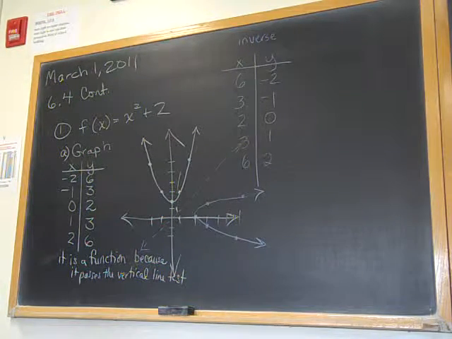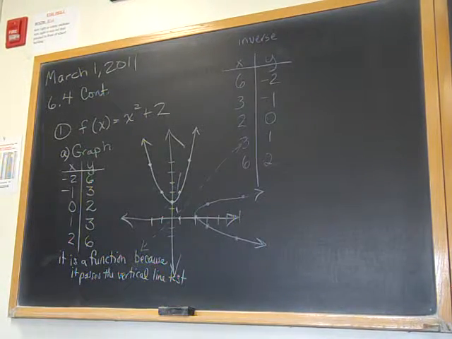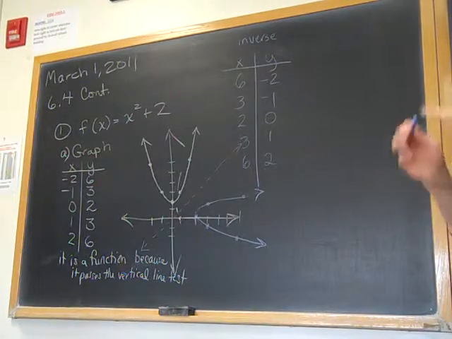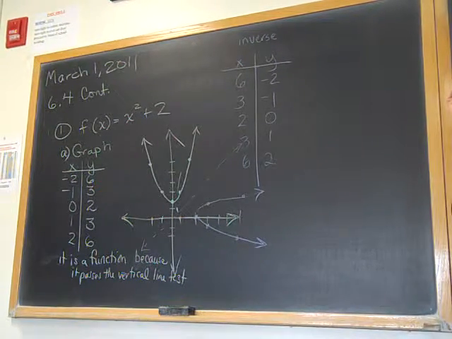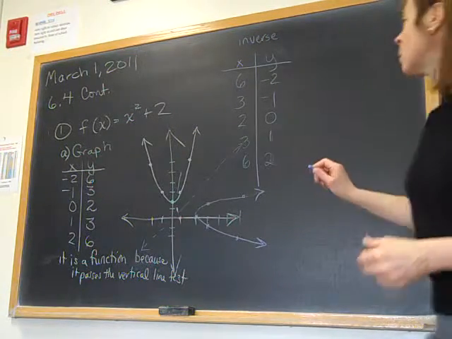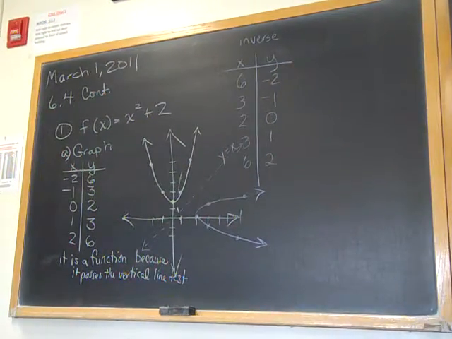Liz? 0, because it goes through the origin. What's its slope? 1, because it's going up 1 over 1. So what does an equation look like with a y-intercept of 0 and a slope of 1? Y equals x.